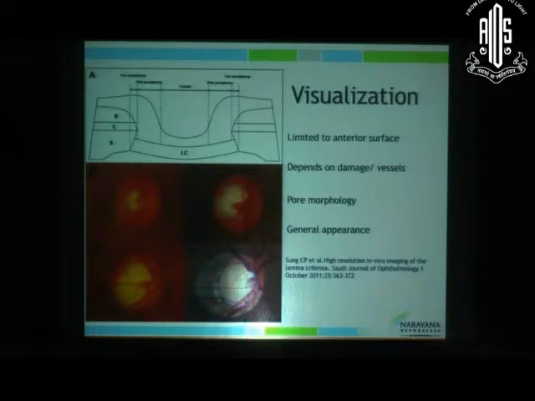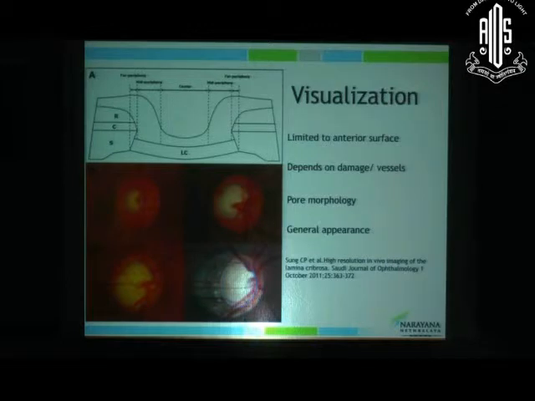So one of the limitations in seeing the lamina cribrosa is the structures that are present, preventing us from seeing it, including the retina, the choroid, and the scleral canal, or whatever you may call it. Now, as you can see in these images, as the nerve gets damaged, or as there is focal and finally global loss of the nerve fiber layer, you actually get to see more of the cribrosa.